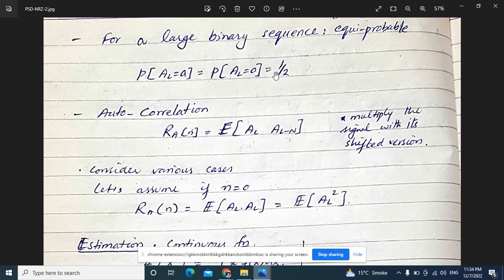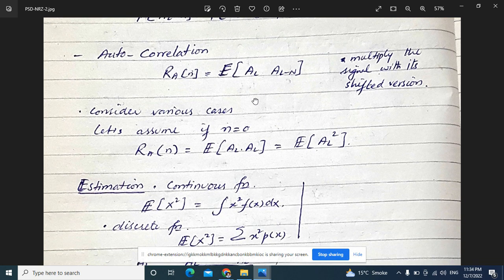And autocorrelation R of A and n is equal to the expectation of AL multiplied by the shifted version of AL. So you can write AL multiplied by AL minus n.